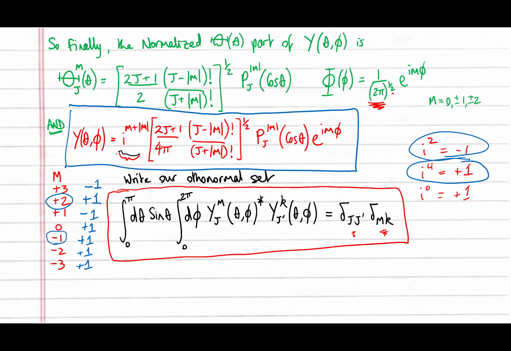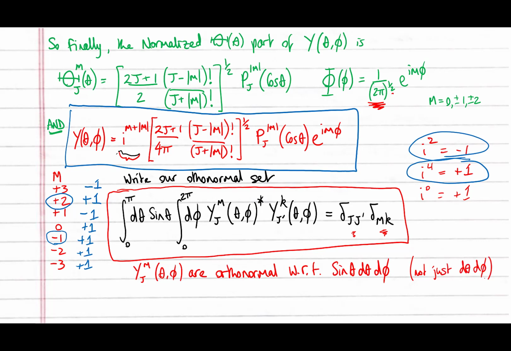So let's state that. Y_j^m of theta and phi are orthonormal with respect to sine theta d theta d phi, so not just d theta d phi.